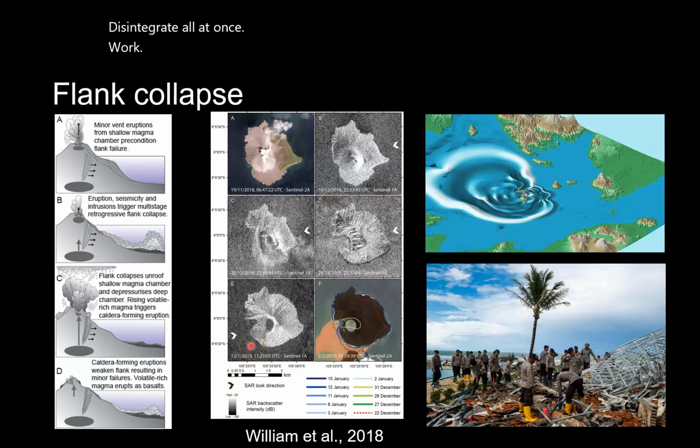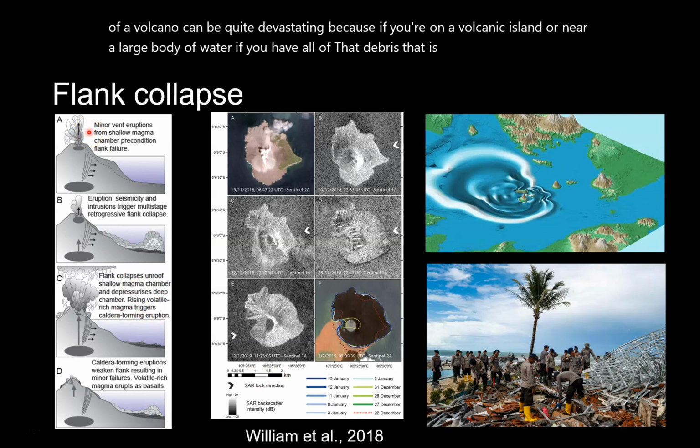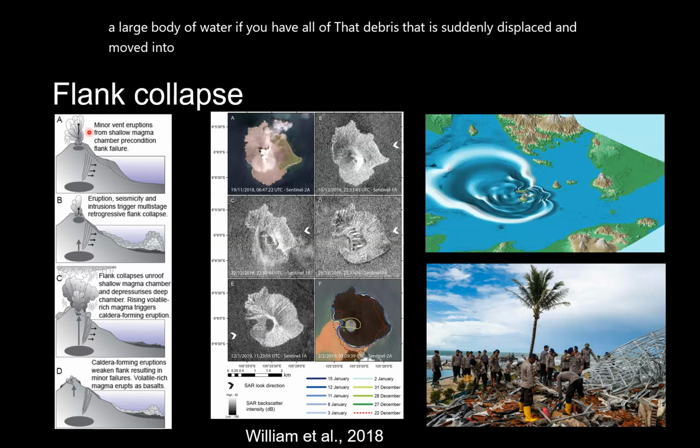Okay, so I'll finish up here. Flank collapse, when you have complete destruction of a volcano, can be quite devastating, because if you're on a volcanic island or near a large body of water, and all of that debris is suddenly displaced and moved into the water, it causes displacement of water, which creates a massive tsunami.